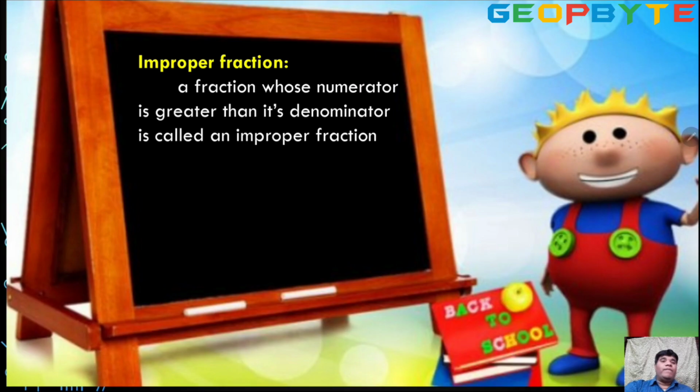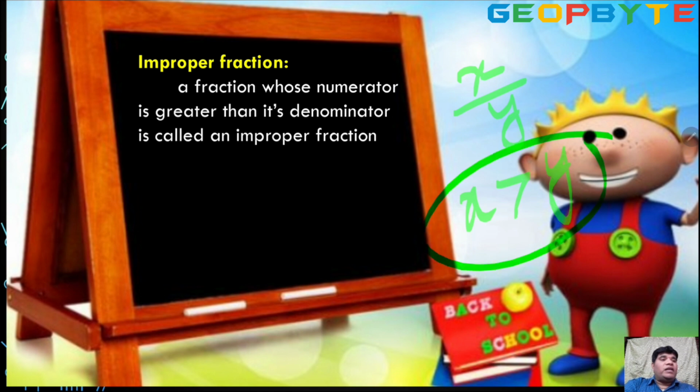Next, improper fraction. A fraction whose numerator is greater than its denominator is called an improper fraction. Suppose if we take x by y, observe, here x is compulsorily greater than y. That is the point.